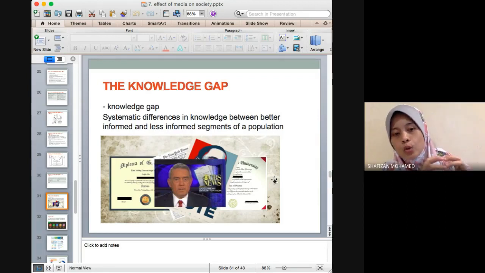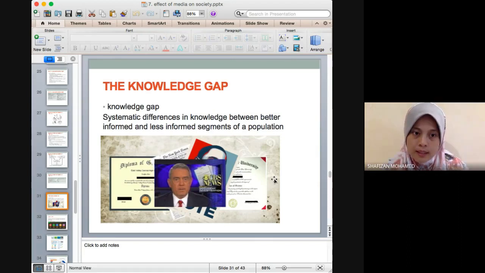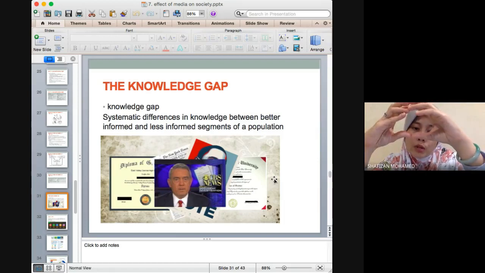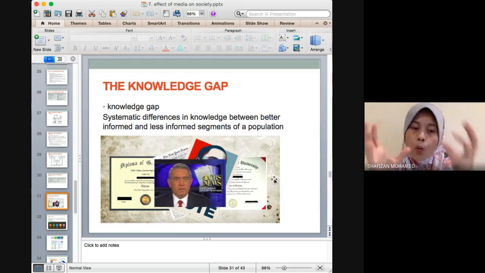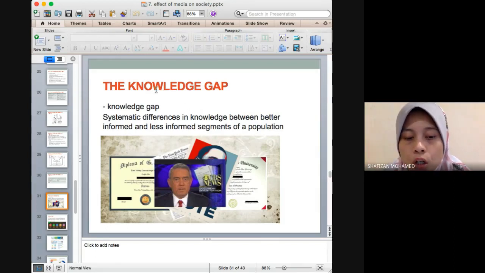Diploma holders can only do this kind of function. Degree holders will get this kind of work. Starting salary: diploma holders will only get 1,200. Degree holders will get 2,500 starting salary. What is the difference? Because the difference is attributed to the knowledge gap.